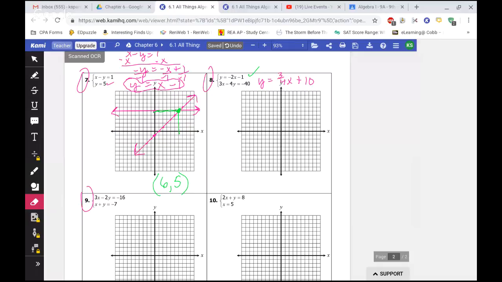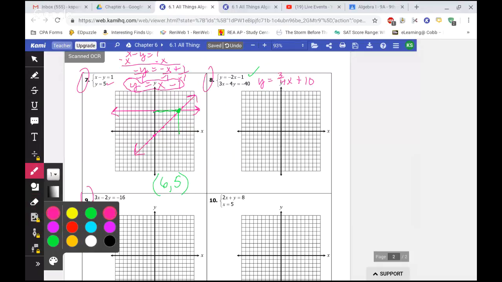All right, so we're going to plot the first equation here. What is the y-intercept for that equation? Negative 1. Negative 1.